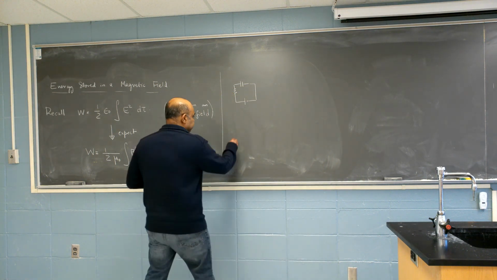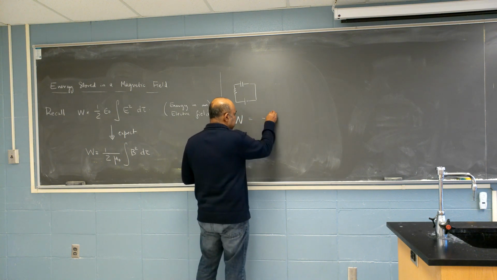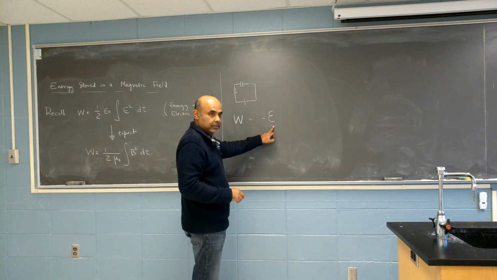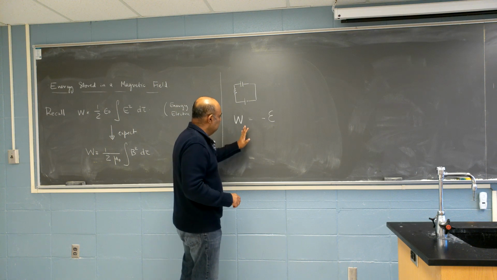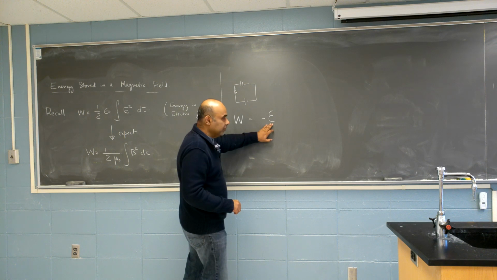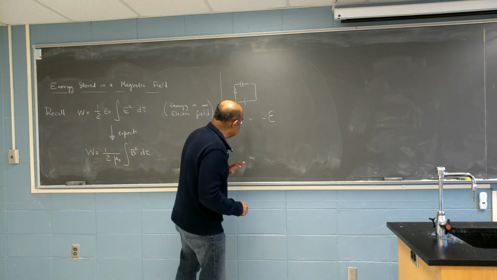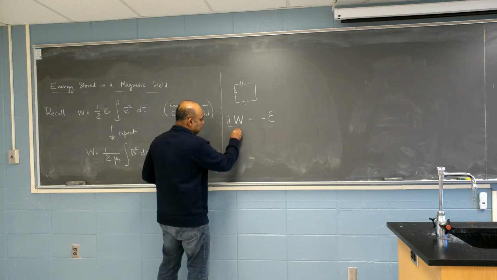So work done is equal to, well, first of all, it is minus E. But this is not quite true because this is EMF, that is energy per unit charge. So I can fix this and make it an exact equation by taking the rate of change.